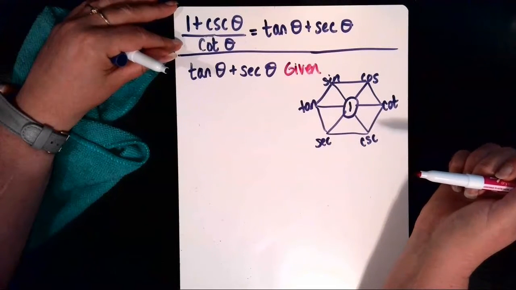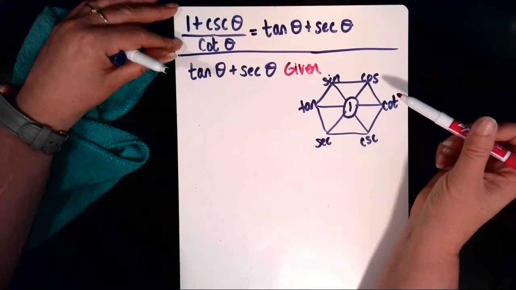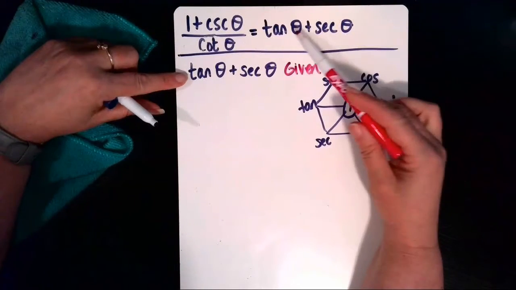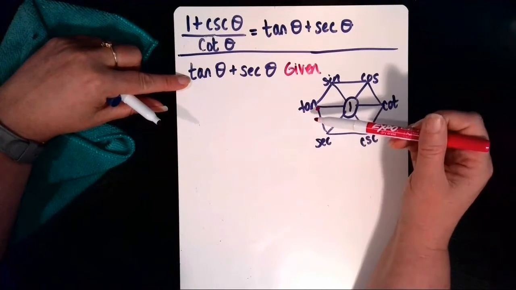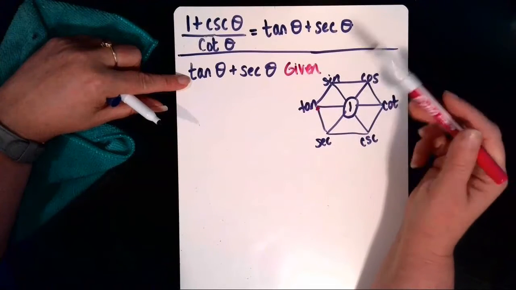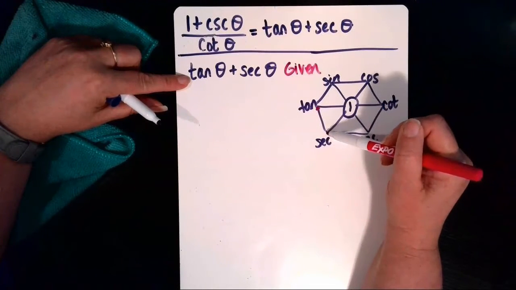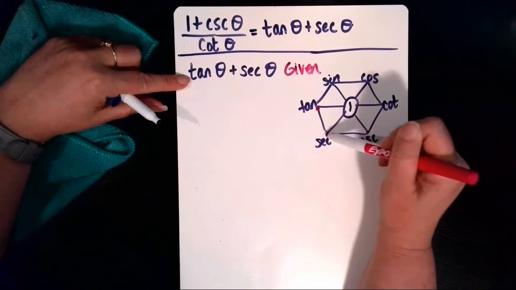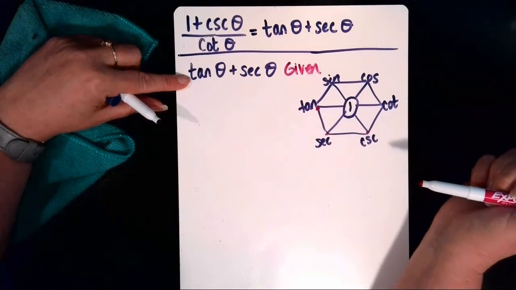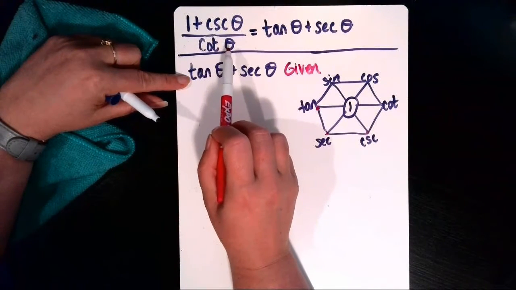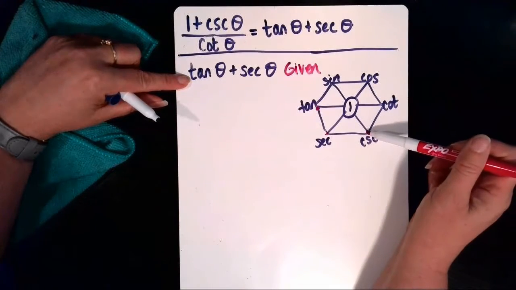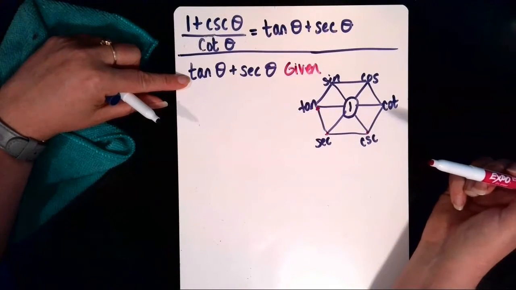So, for example, if we go counterclockwise around the circle, we could show that tangent is the ratio of the secant divided by the cosecant, right? But since I'm trying to end up over here with a denominator of cotangent, having a denominator of cosecant might not be super helpful.